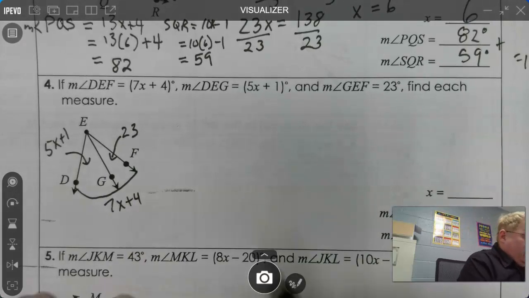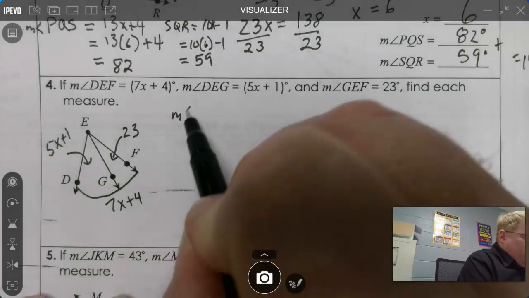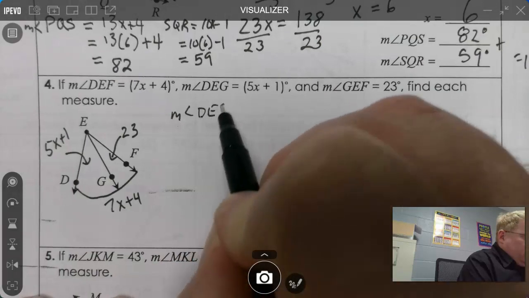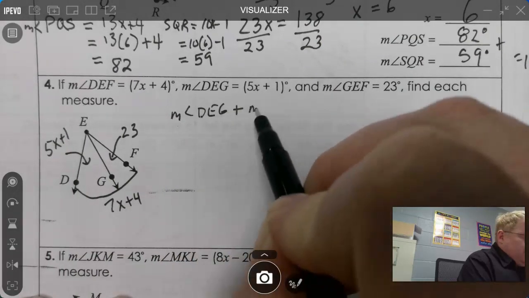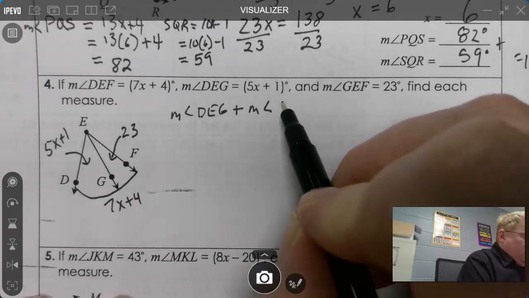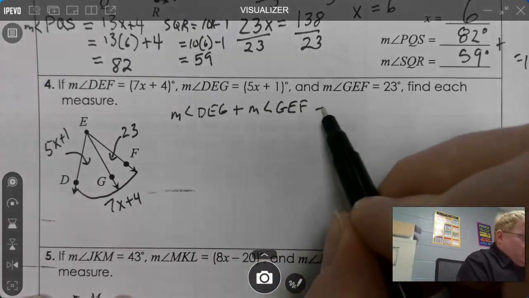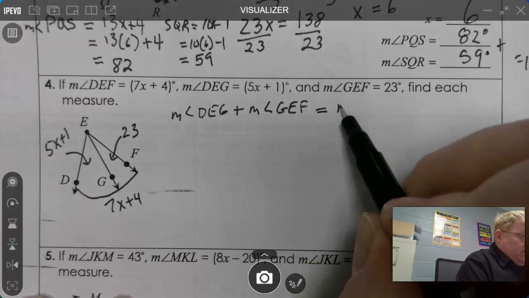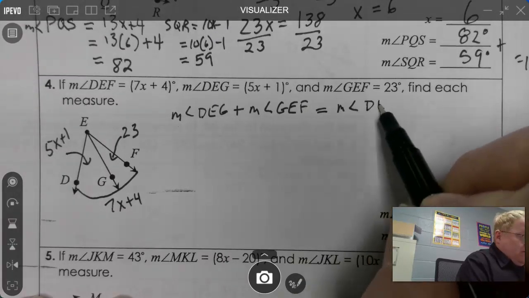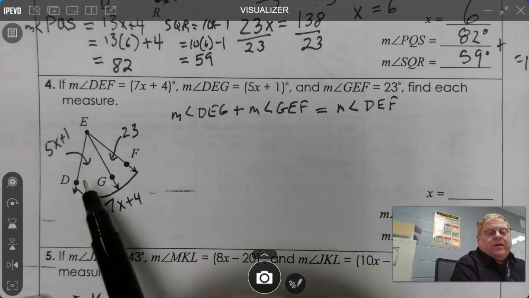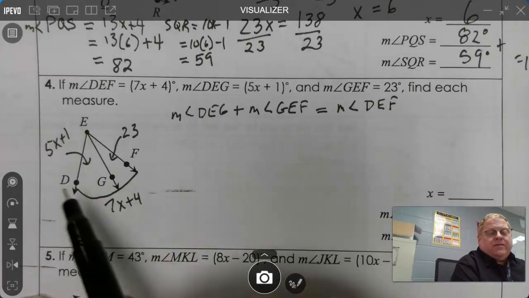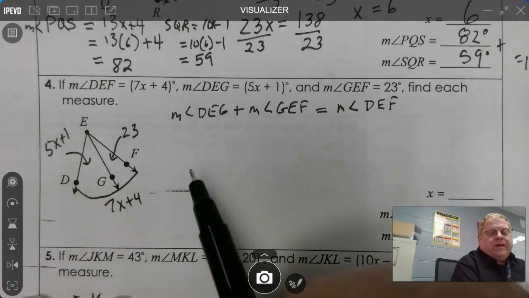So I know the measure of DEG, one of the small pieces, plus the measure of GEF, the other small piece, totals the big piece, DEF. Again, small piece plus small piece equals the large piece on the outside.